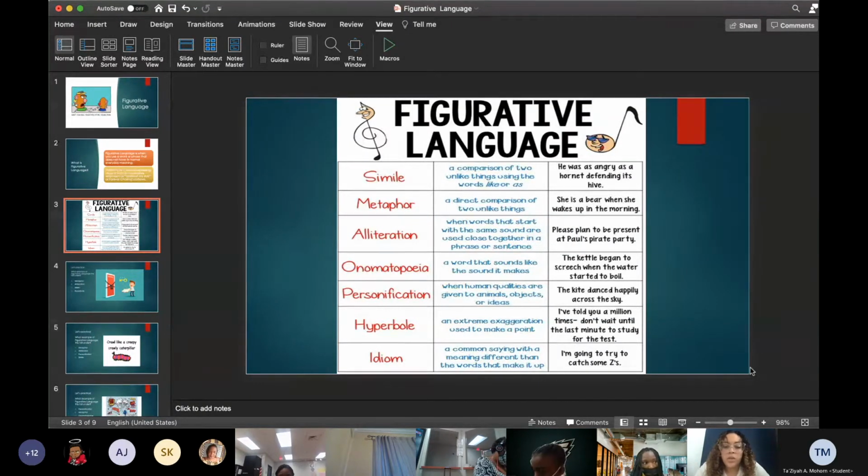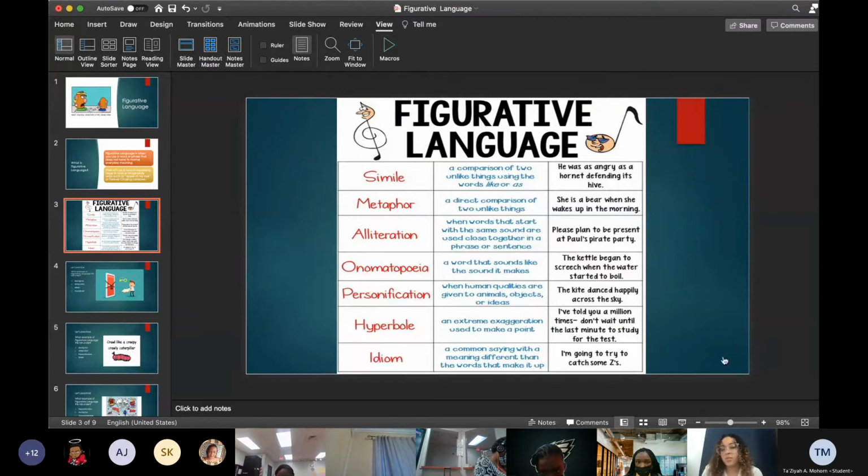Personification is when a human's qualities are given to animals, objects, and ideas. The kite danced happily across the sky. Hyperbole is an extreme exaggeration used to make a point. I've told you a million times, don't wait until the last minute to study for your test.